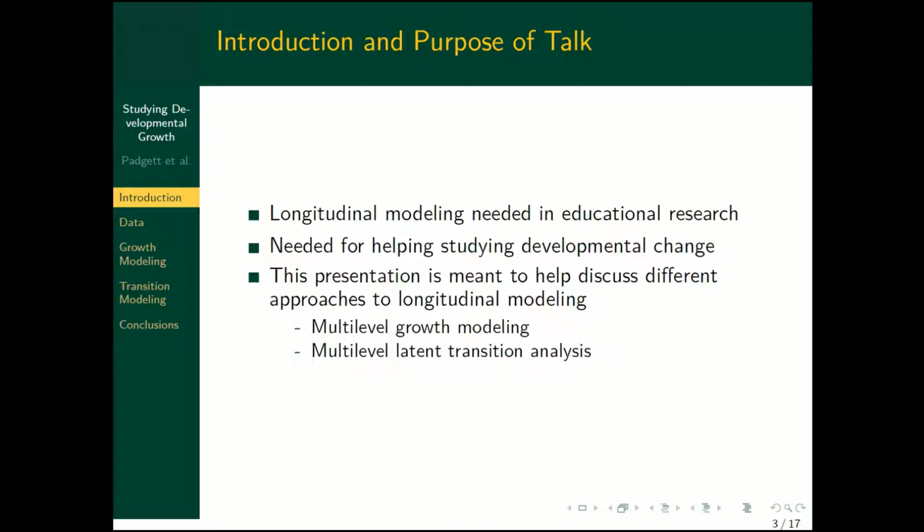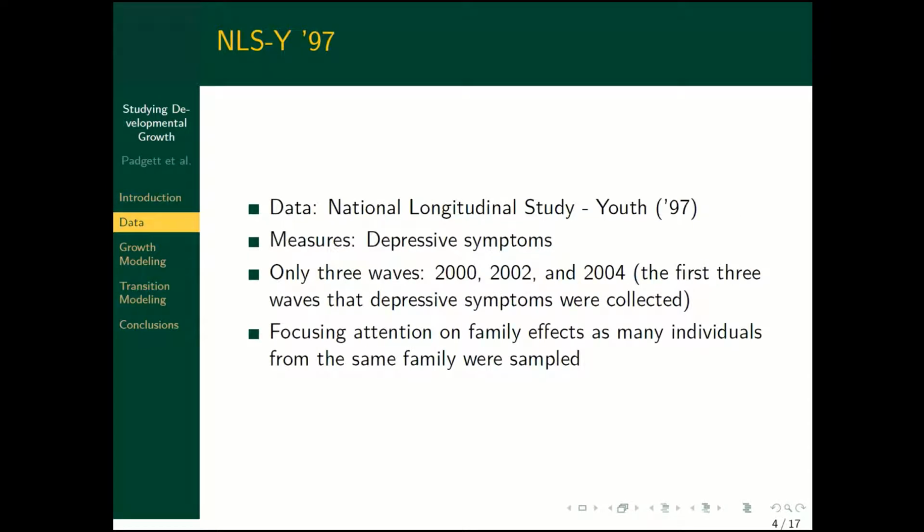So to help guide understanding, we use the National Longitudinal Study of Youth from '97, and we use their depressive symptoms items. We only use the first three waves from 2000 to 2004 in order to help simplify the analysis and give a nice introduction to how these methods can be applied.